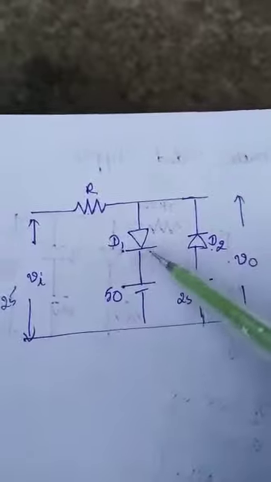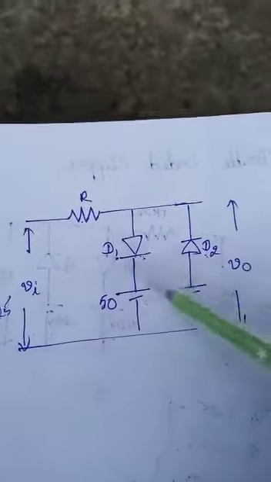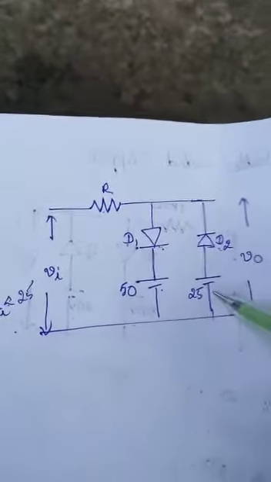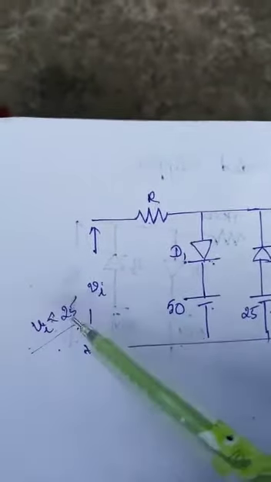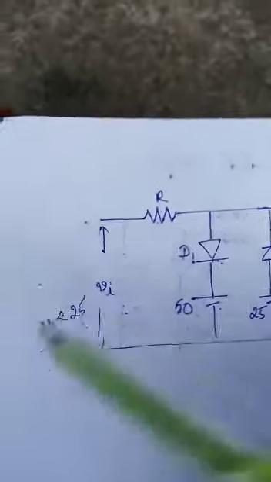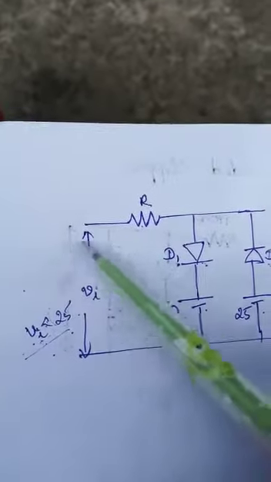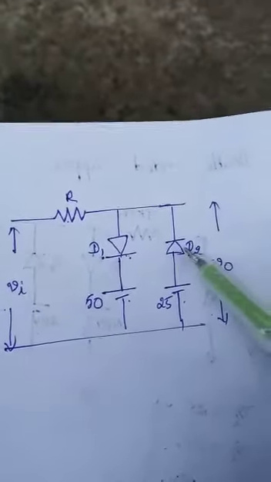Now let us check the conditions for diodes D1 and D2. For diode D1, the cathode is connected to 50 volts. For diode D2, the anode is connected to 25 volts. Now what is the condition here? 25 volts is more when compared to the input voltage. That means the input voltage is less.